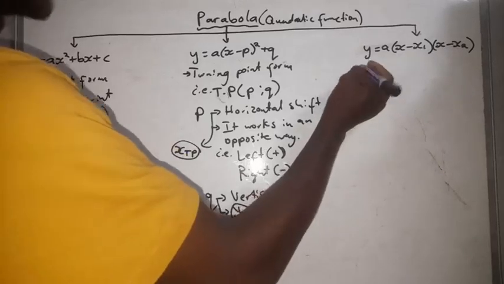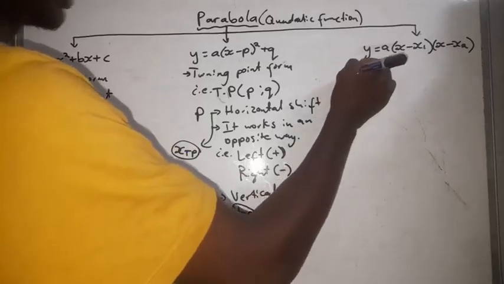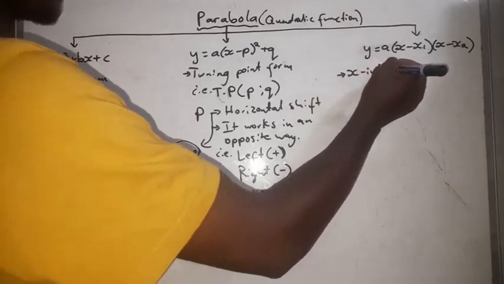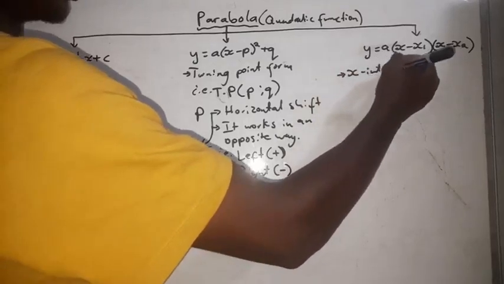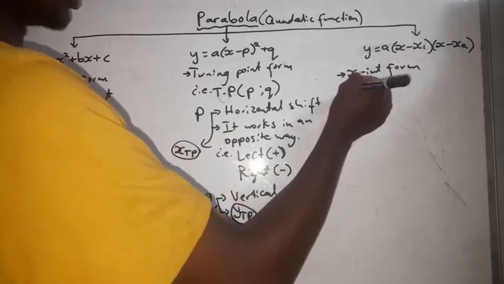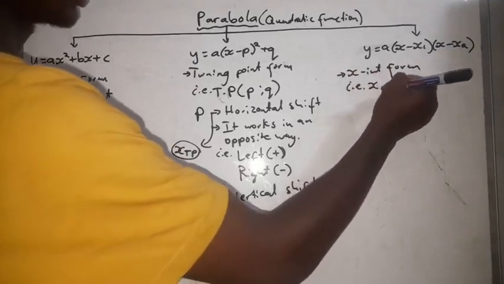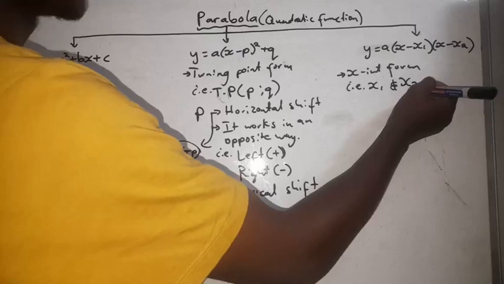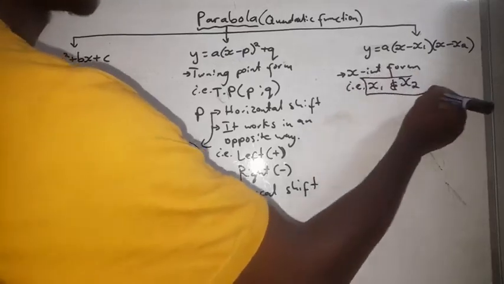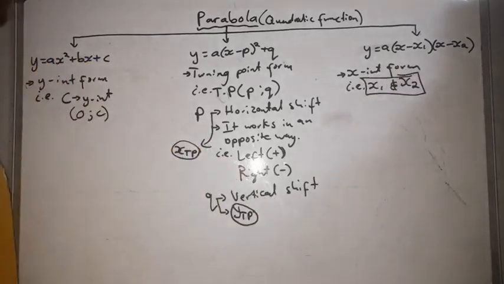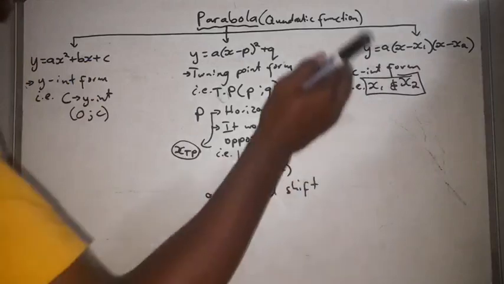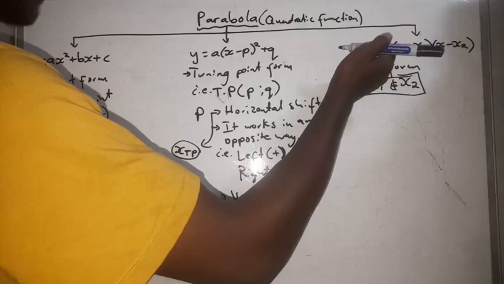So that one, I call the x-intercept form. Why is that? There is x1 and x2. These are the x coordinates of the x-intercepts of the graph given in that form.